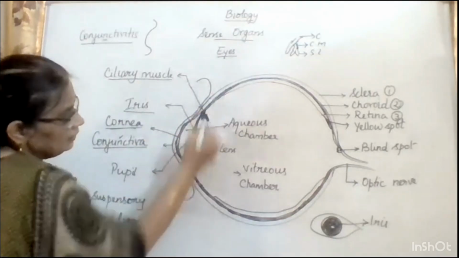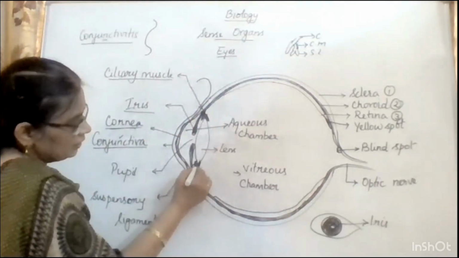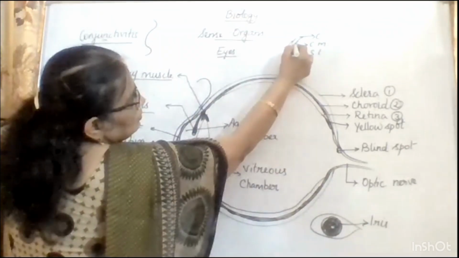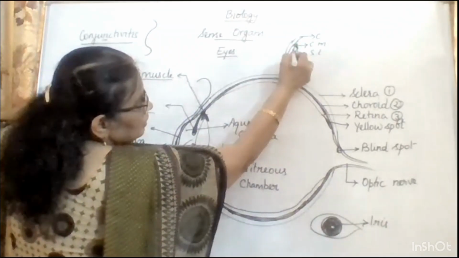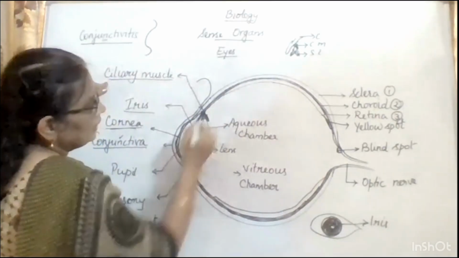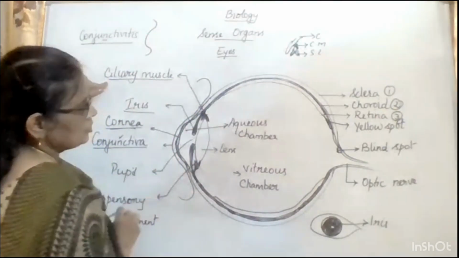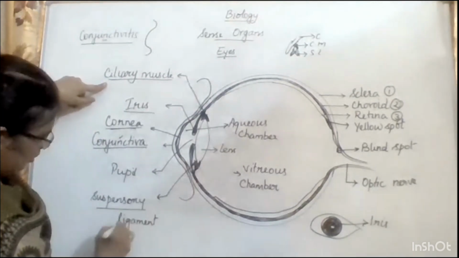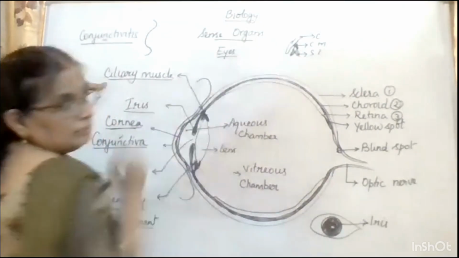And here they form what we call ciliary muscle. Ciliary muscle will branch like this, here and here. It gets the name suspensory ligament.